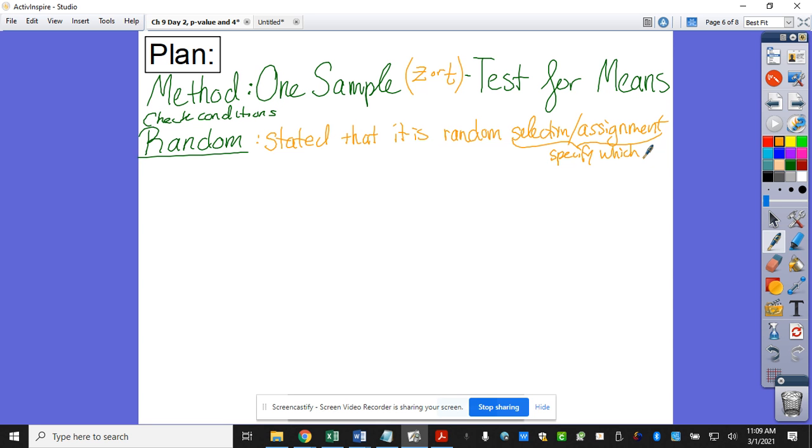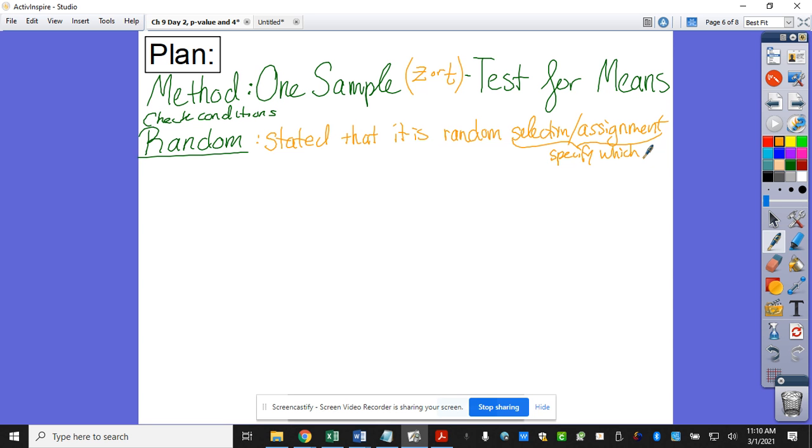We have to say that it's random assignment or random selection. I don't think we've seen a problem where it's actually random assignment yet in that condition, but if we don't see one soon, I might change one to make it so that we can see it.